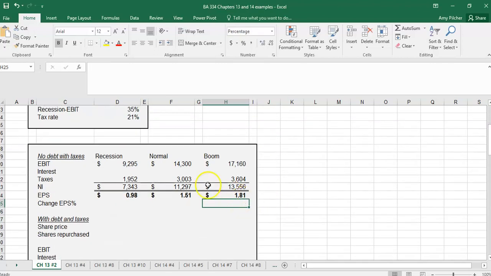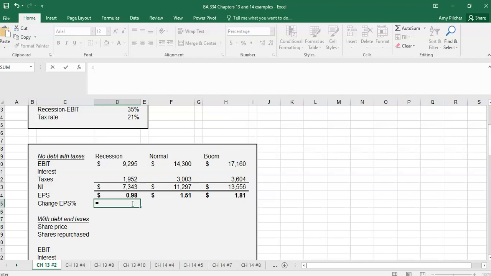So we can see that in a normal economic scenario, we expect earnings per share of $1.51, and then we have a drop in a recession and an increase in a boom economy. We want to know what the change is from each situation. So what is the change of a recession versus normal, and what is the change in a boom economy versus normal? So we take the EPS from the recession minus the normal and divide by the normal.